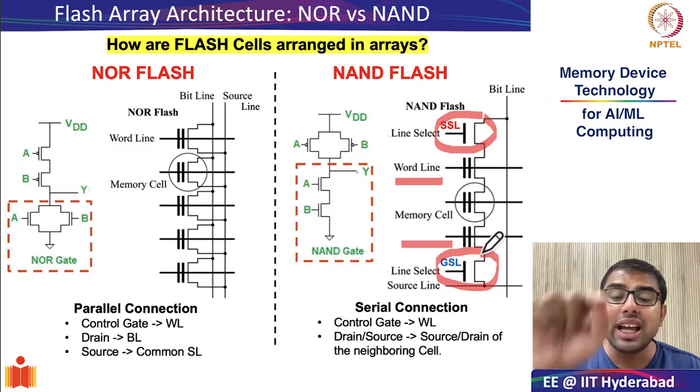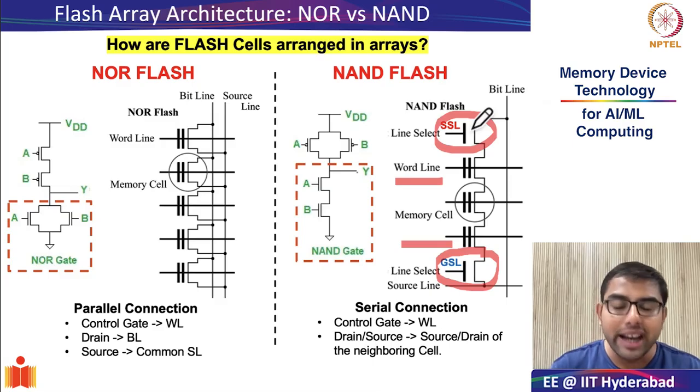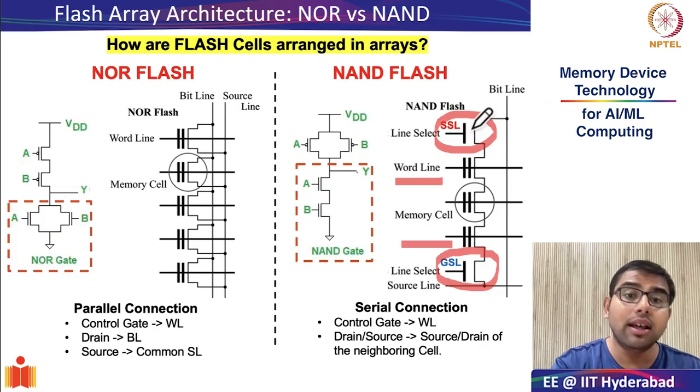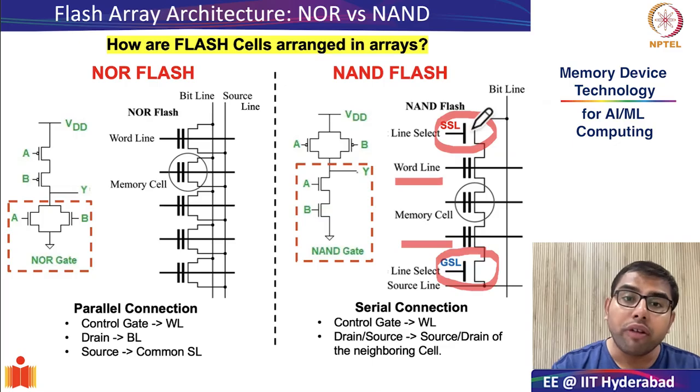If you look very carefully at the transistor schematic, it does not have the two lines at the gate stack, which you notice for the memory cells. So these are essentially not memory cells, but normal transistors. They are called the source select line and gate select line. They are normal logic switches, normal logic transistors, and they will play a very important role when we look at the read, write, erase and program operations of the NAND flash cell.